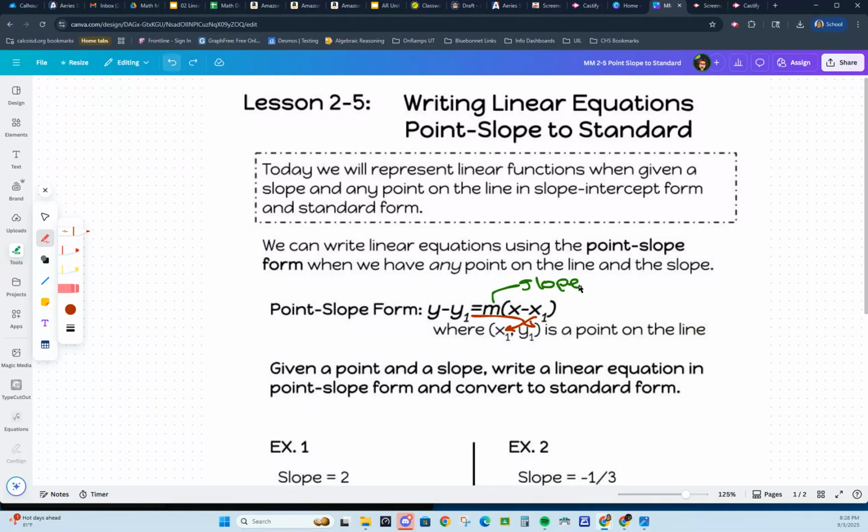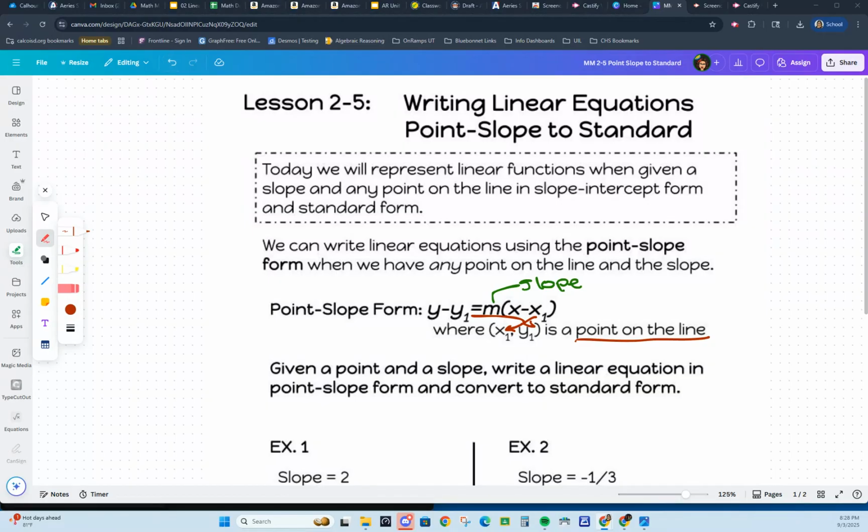All right, so we have our two important parts. This is the formula we're going to use. As long as we have at least 2 points from the line, we can use point slope form to write an equation for it.